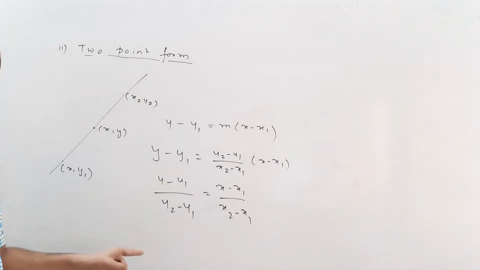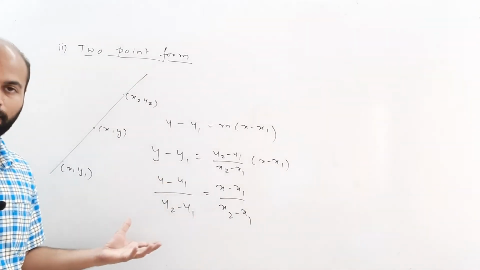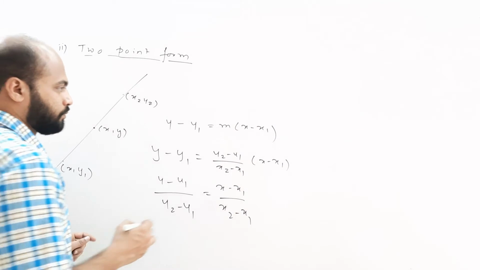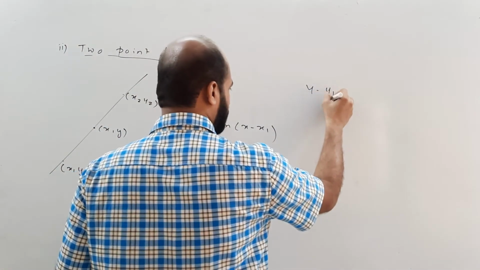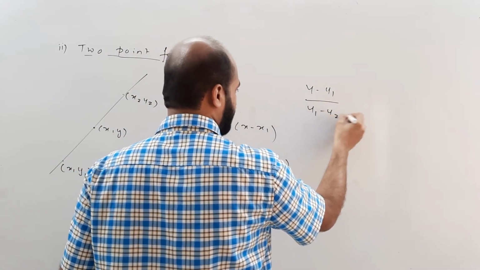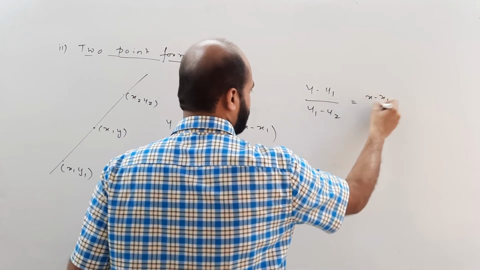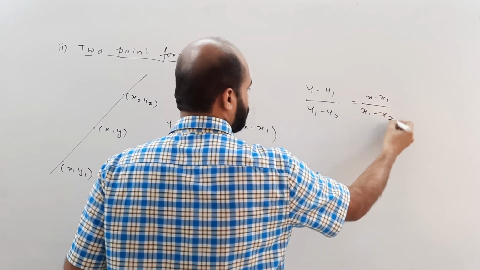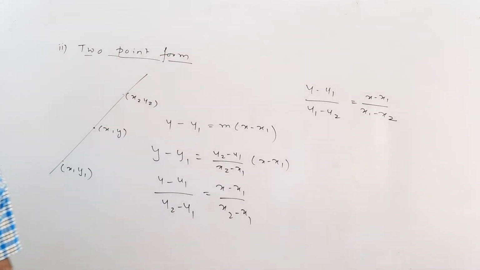I can also change this expression. You can also remember it this way, or I can change it to y minus y1 by y1 minus y2 is equal to x minus x1 by x1 minus x2. This is the other way of representation of the line. You can remember any of the forms because both of them will give the same answer.